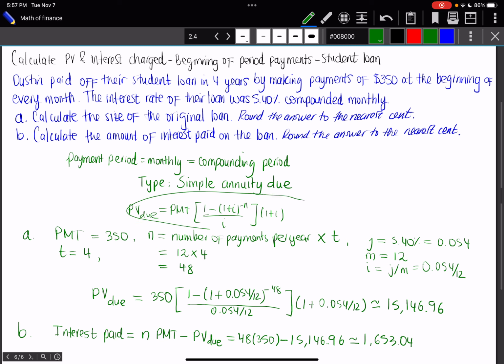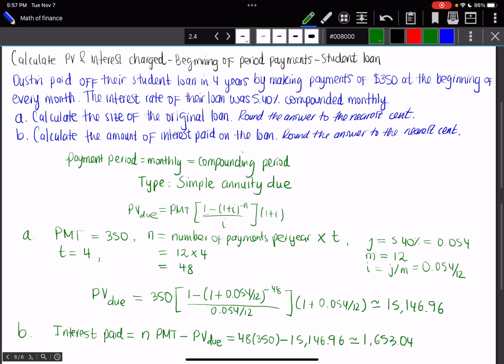Then we chose this formula right here to work with. Then we identified PMT, the amount of the periodic payment, N, the total number of payments during the term, and I, the periodic interest rate, to find the present value of the annuity. And the answer to that part, the present value of the annuity, was the answer to part A.